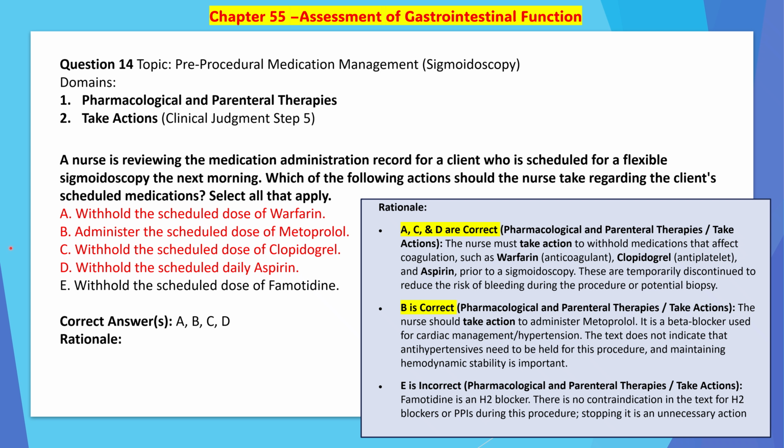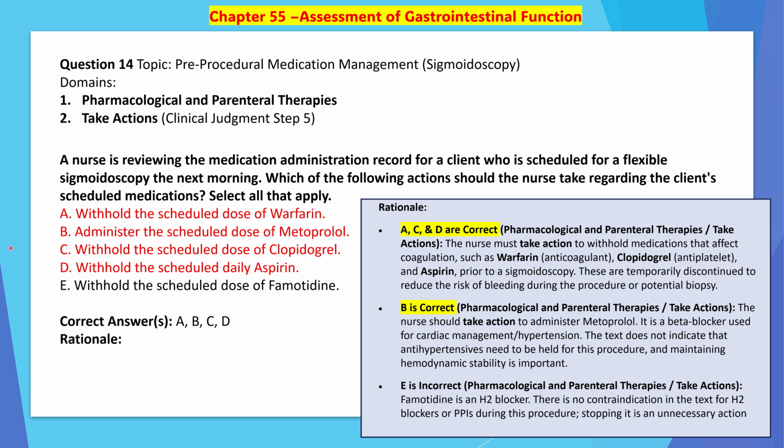So the nurse must take action to withhold medications that affect coagulation, such as warfarin, an anticoagulant, clopidogrel, an antiplatelet, and aspirin, prior to the sigmoidoscopy.